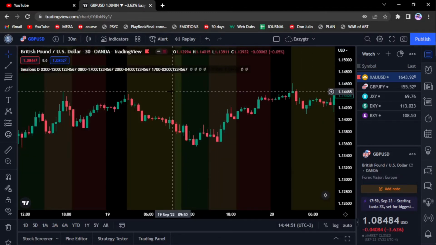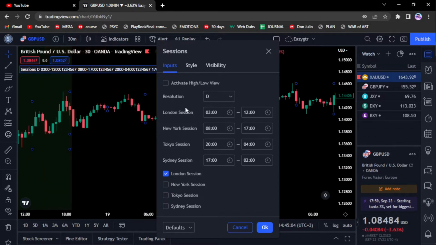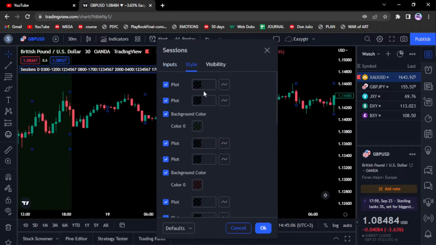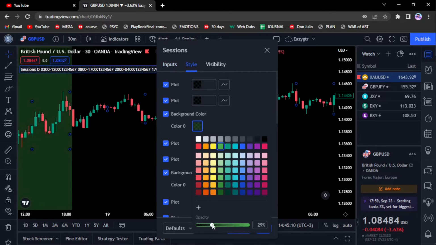I want you to copy my settings so that you can have the same visible indicator as mine. Turn off the Tokyo, New York and Sydney sessions, and only have the London session. Move into the style and make the color a little less transparent so that you can see.